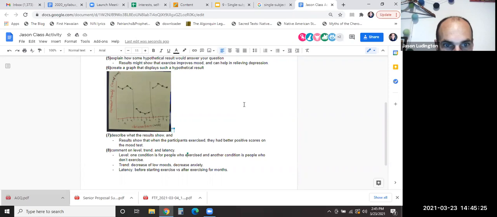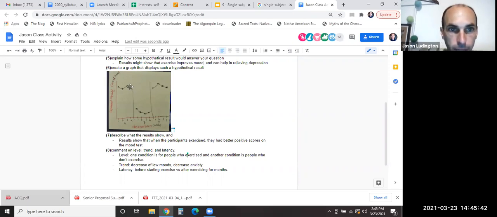The trend says decreased low mood, decreased anxiety. And the latency, before starting exercise versus after exercise. Well, you can say that the latency is very immediate and very short because the change from here to here is very fast. So we call that a short latency or a fast latency.